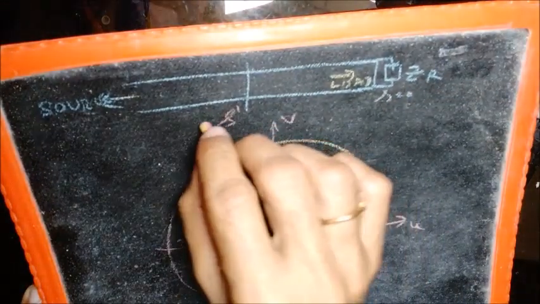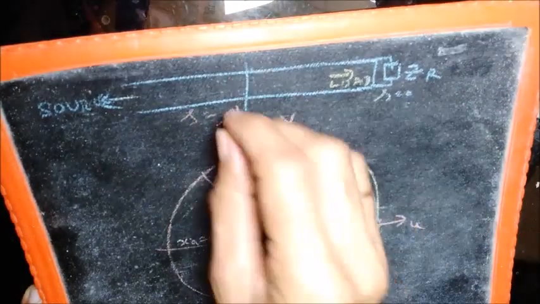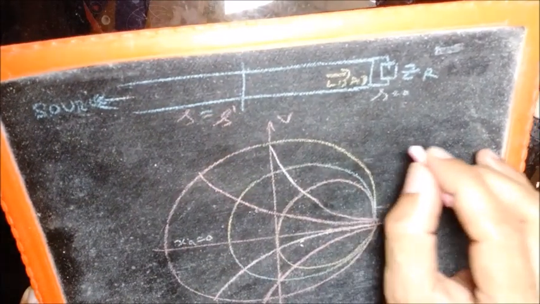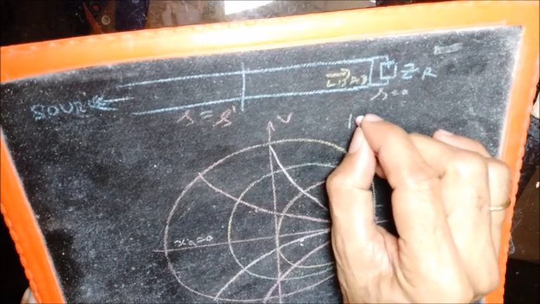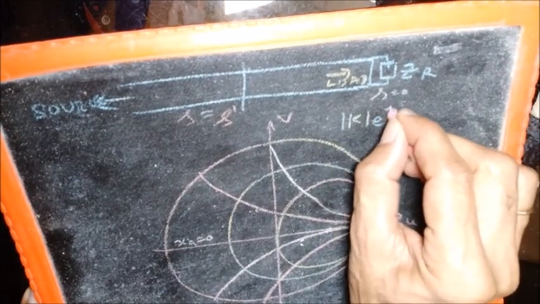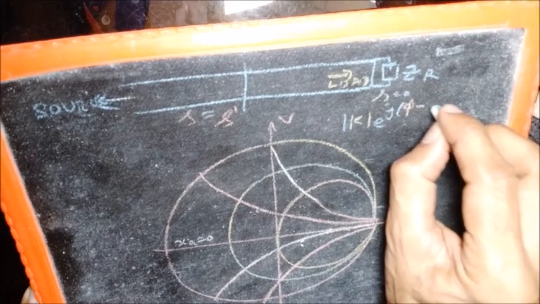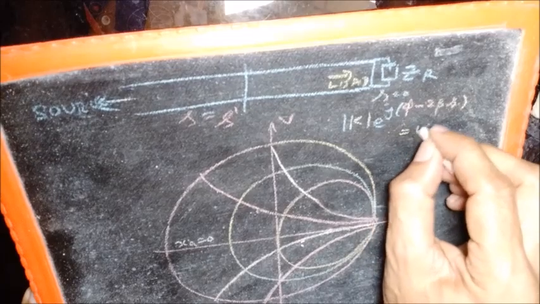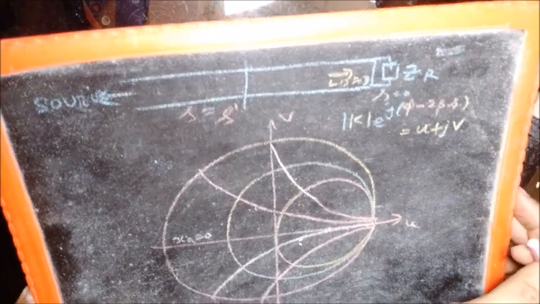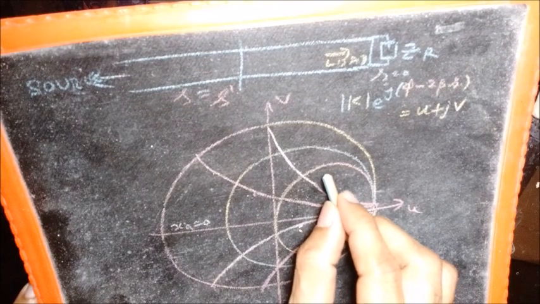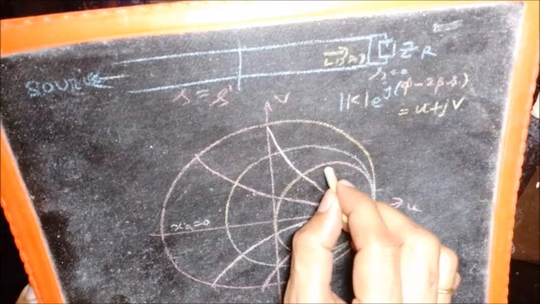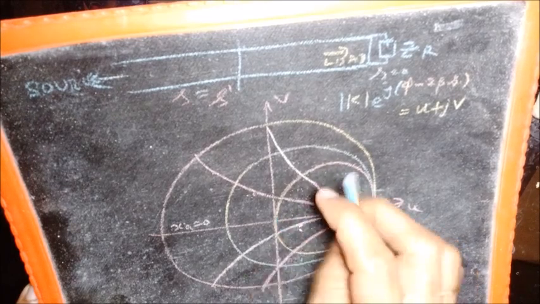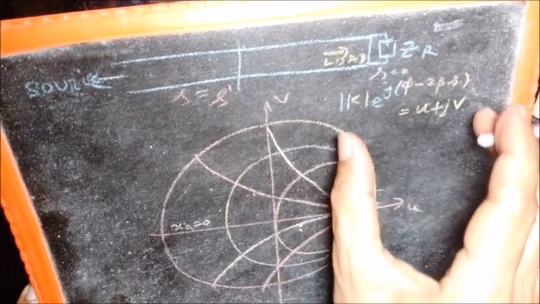So we have just chosen a particular point S equal to S dash on the transmission line, and we know that K e power j phi minus 2 beta S is what we express as U plus JV, and any point on this which I can represent as a phasor will be a representation of this.